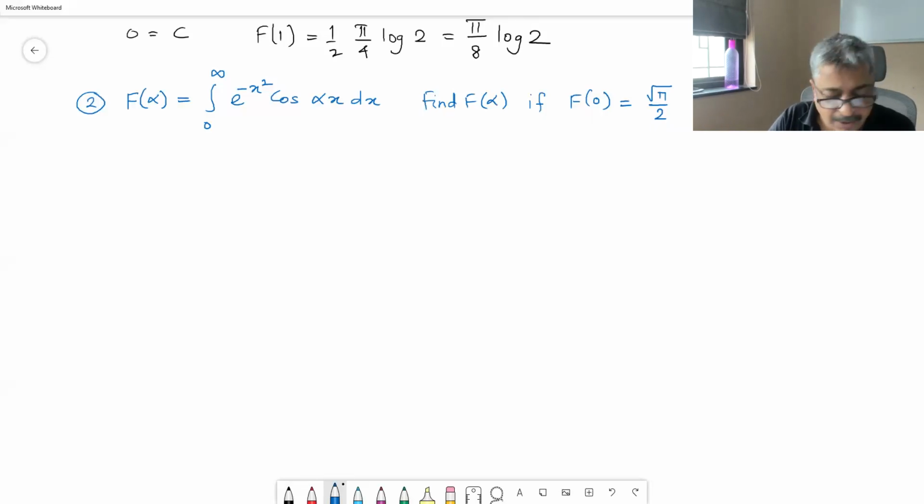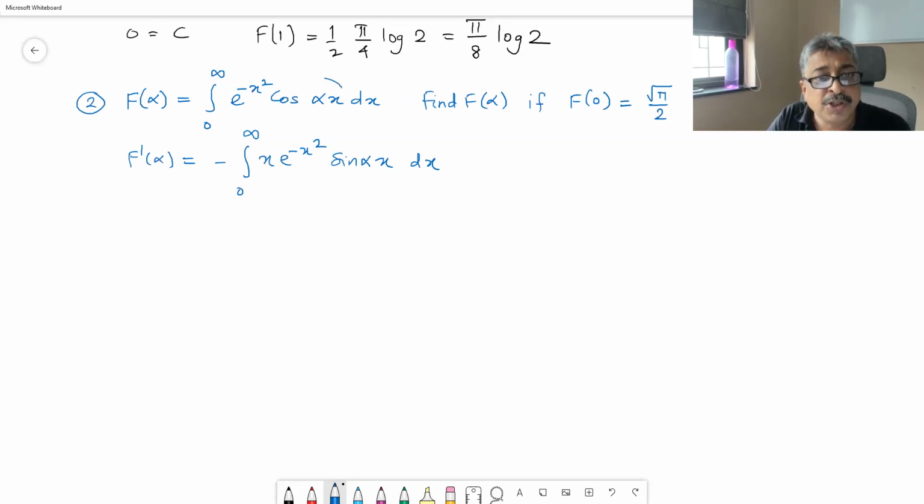So f dash of alpha is equal to minus integral 0 to infinity sin alpha x. What is important here is this function you are supposed to differentiate with respect to alpha. That is what is being written here. That is your f dash of alpha. Okay, minus sign taken out.